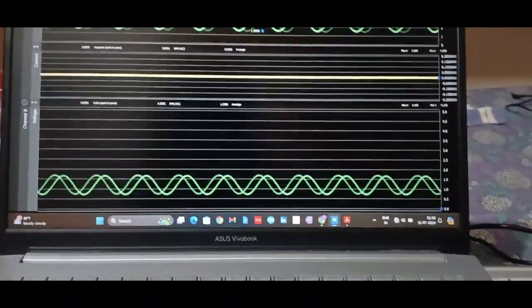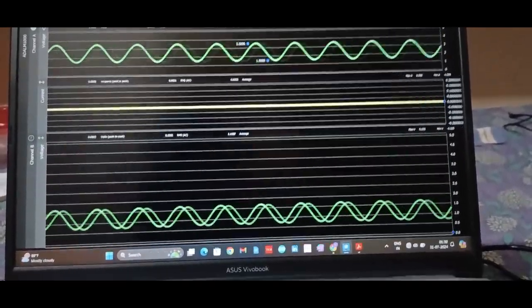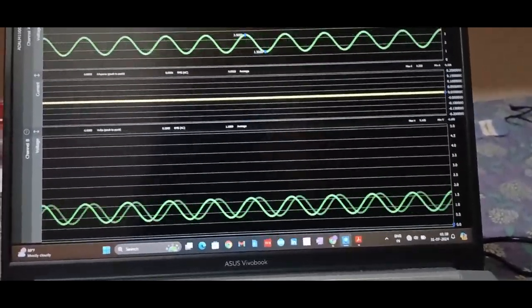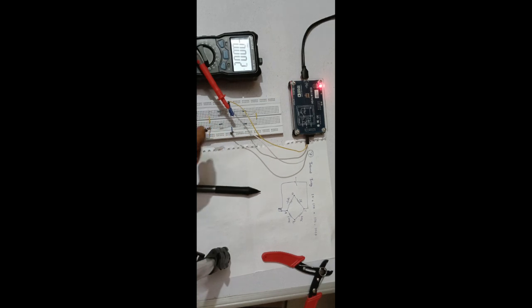As this is a Wheatstone bridge, the average output voltage at node A and node B should be equal. All the voltages between these nodes come out nearly equal, so it acts like a balanced Wheatstone bridge.